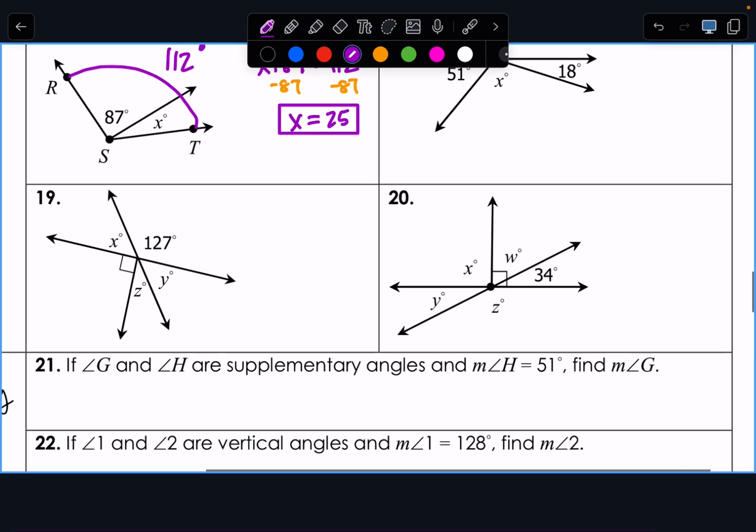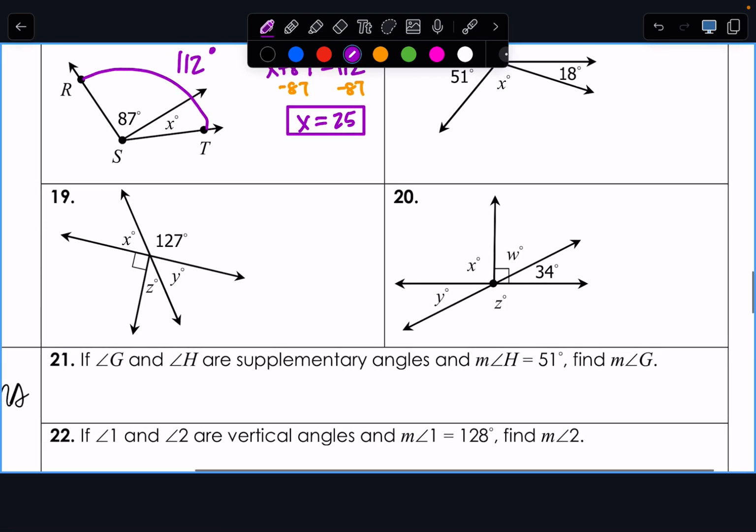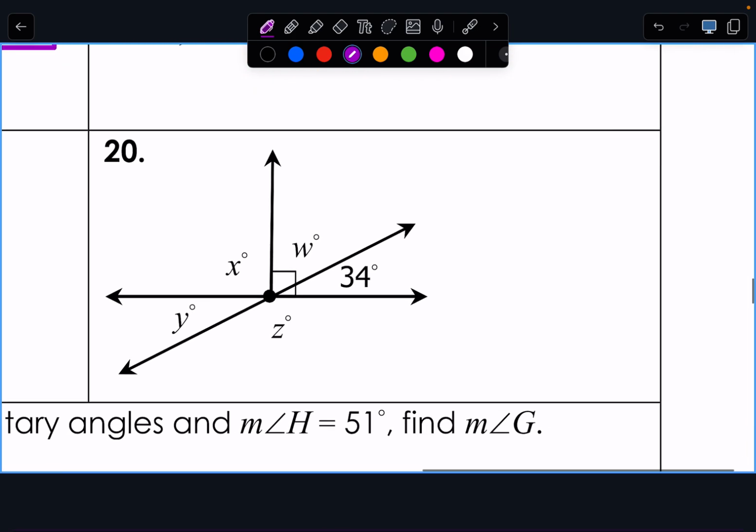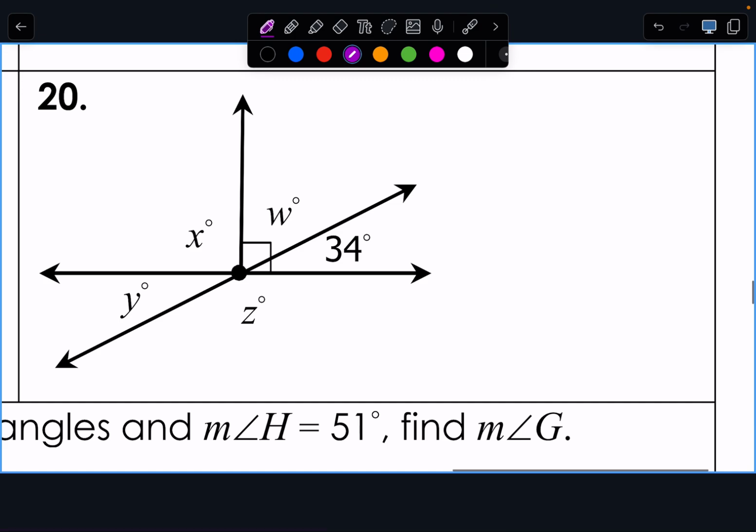All right, would you rather do 19 or would you rather do 20? All right, I hear 20. We have 4 different measurements to find. There's one that is a really quick thing. It doesn't take any computation at all. What is it?